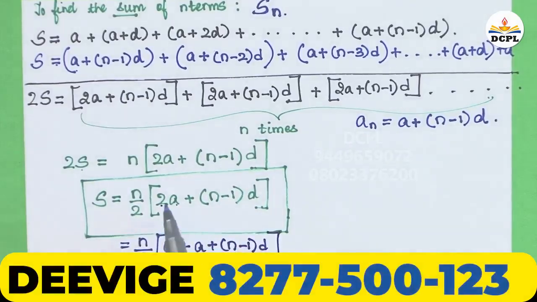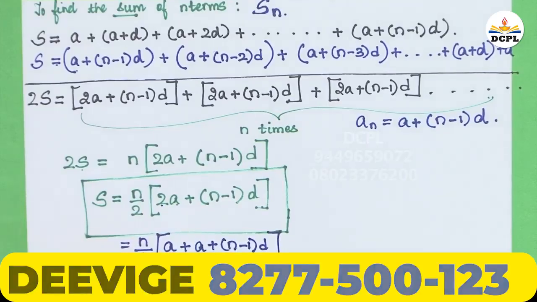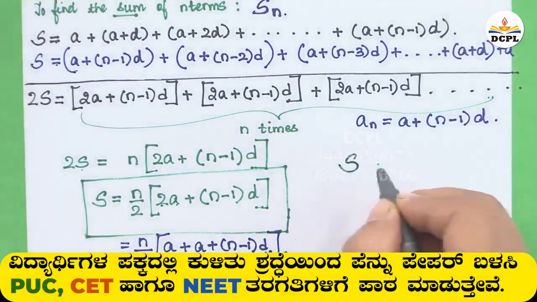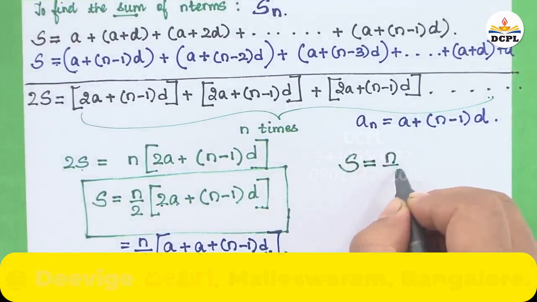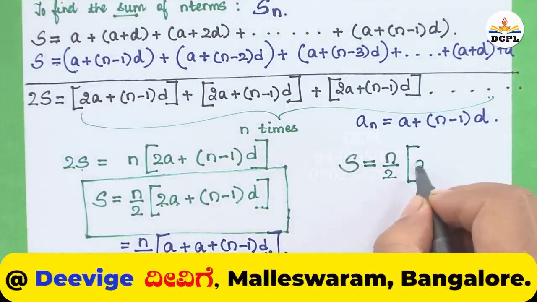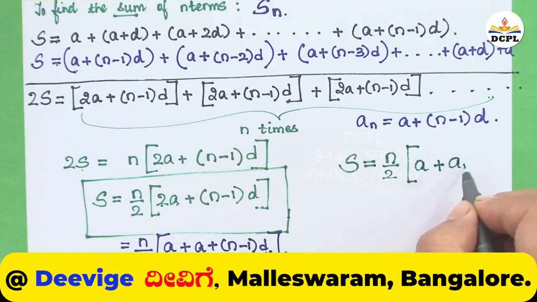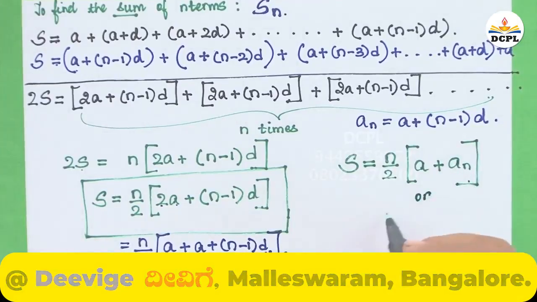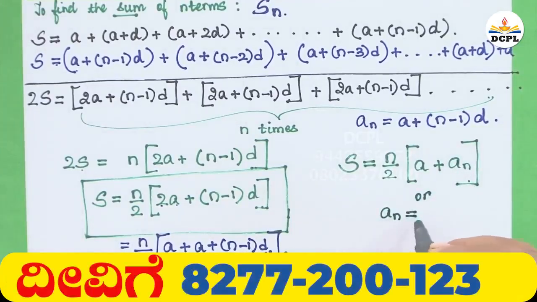All I have done here is I have split 2a as a plus a. Now a plus n minus 1 into d is nothing but your an, correct? So one more formula can be rewritten as n by 2 into a plus an, or generally we write an, since an corresponds to the last term, it can also be represented as L.